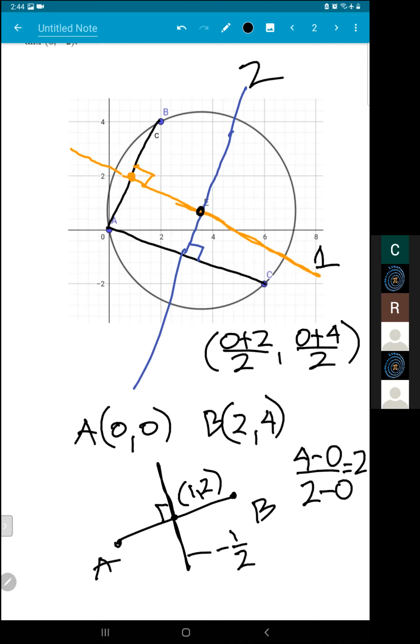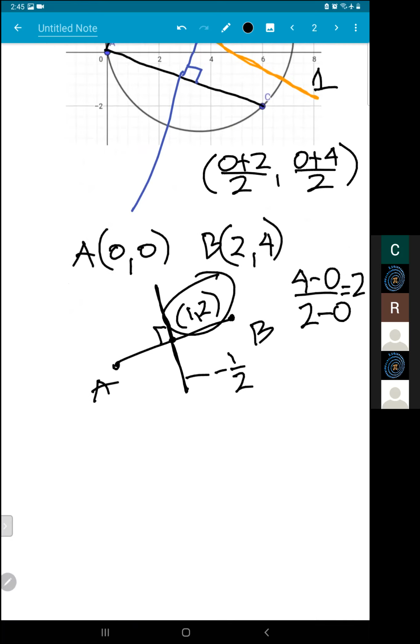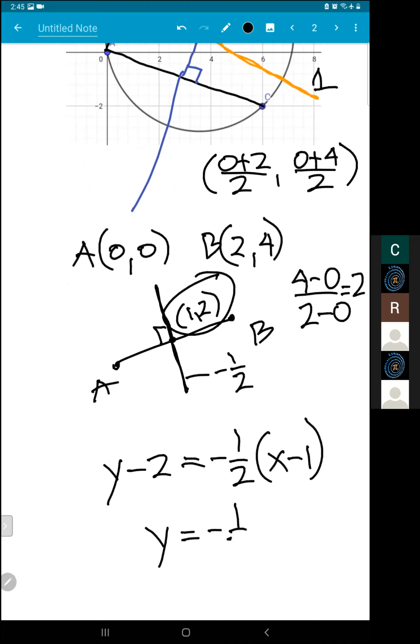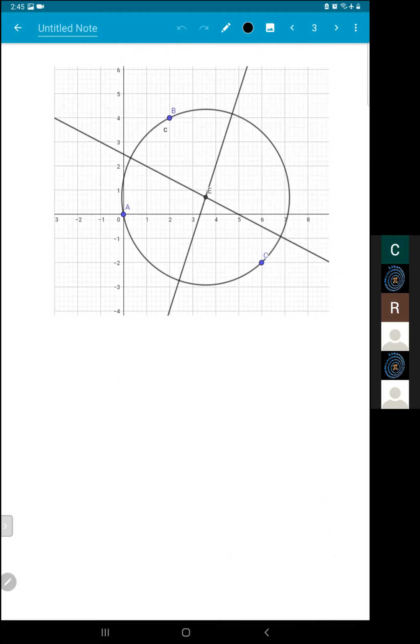Okay? And then it passes through the point 1, 2. We use that to write down its equation in point slope form. Then simplify. So that's the equation of the orange line there. Let me write that down here.